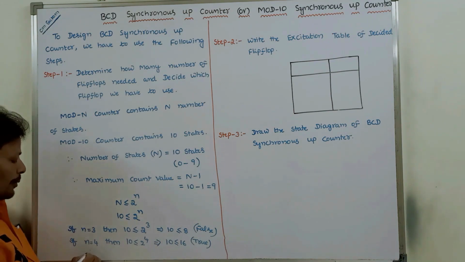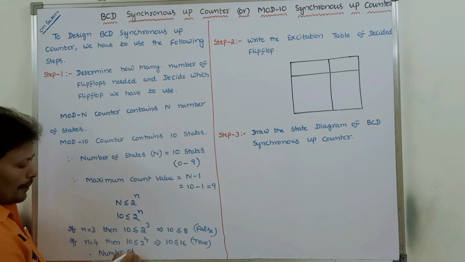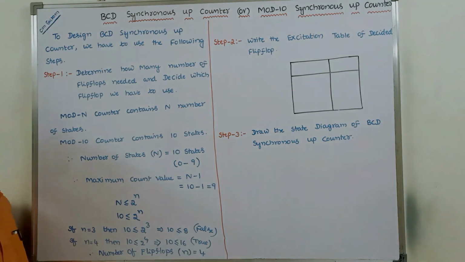Therefore, the number of flip-flops, denoted by small n, is equal to 4.